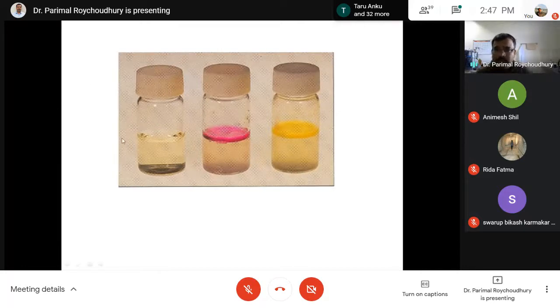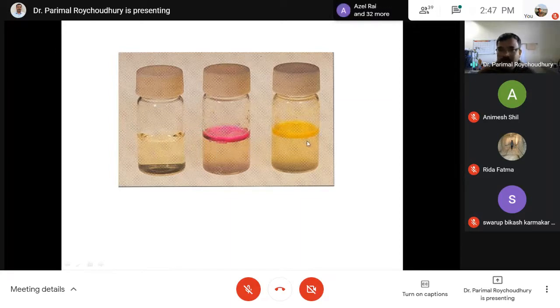This is the picture, and for that we prepare peptone water which sufficiently contains the tryptophan amino acid, and then we inoculate it overnight, and the next day we put a few drops of Kovac's reagent. Once it comes in contact with the indole, it will convert into an intense pink color ring at the surface of this media because it contains some isoamyl alcohol. So they simply float.